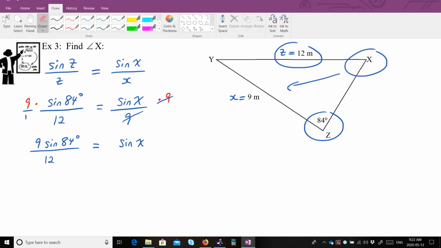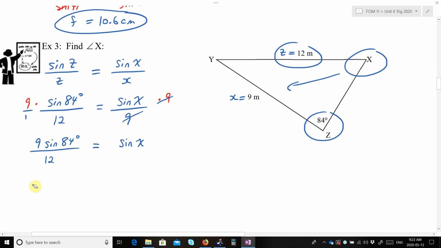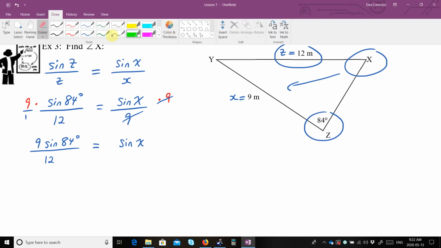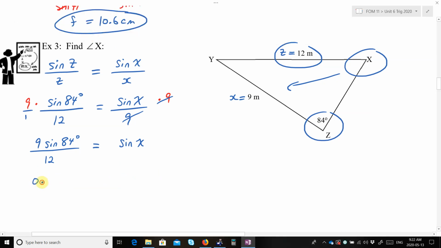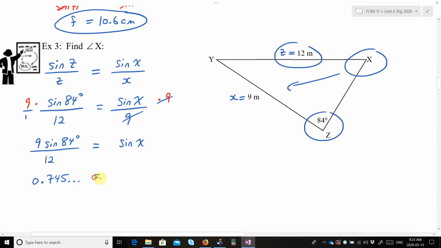Let's work out that number. 9 sine 84 divided by 12, and we get 0.745. But we don't want to lose all those decimal places, right? I don't want to cut off any decimal places, because then we won't get the most accurate answer. So we want to try to keep all those decimal places.